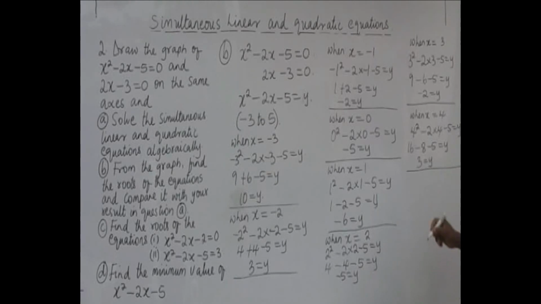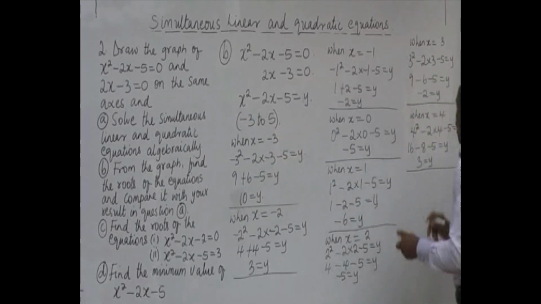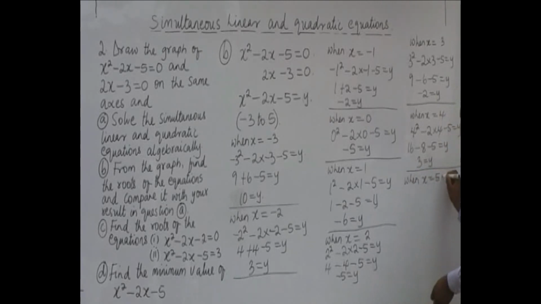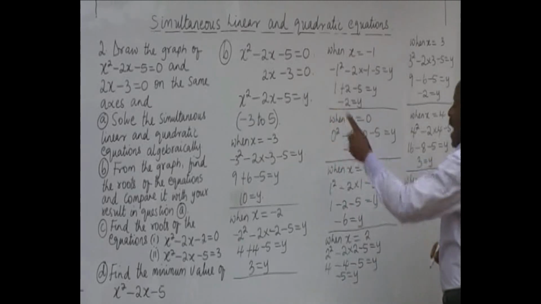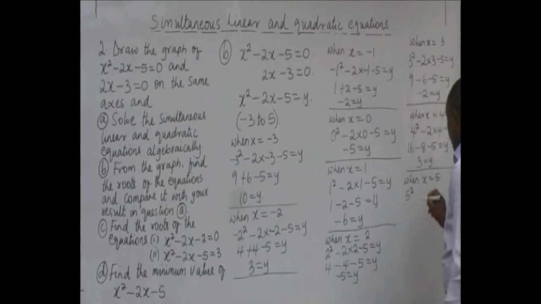The last but not the least is when x is 5, which is the greatest number on the range of values that we have taken. When x is 5, x squared will be 5 squared. Minus 2x will become minus 2 times 5.